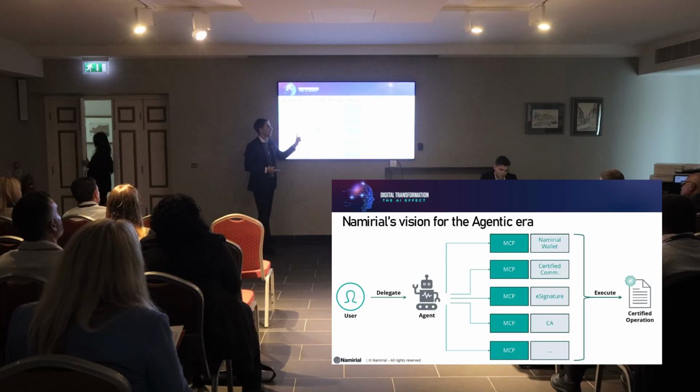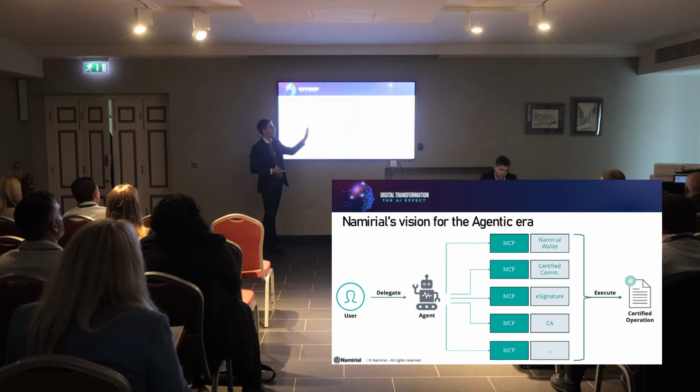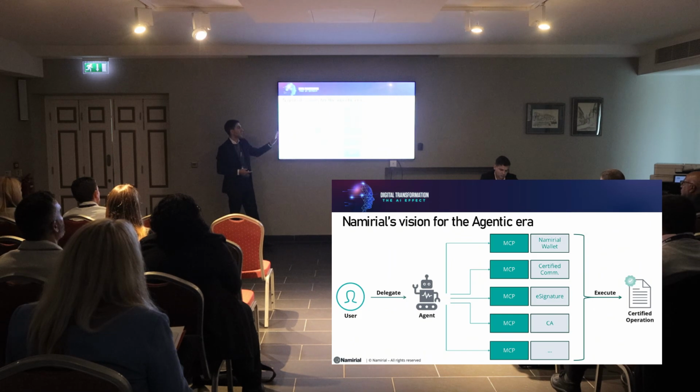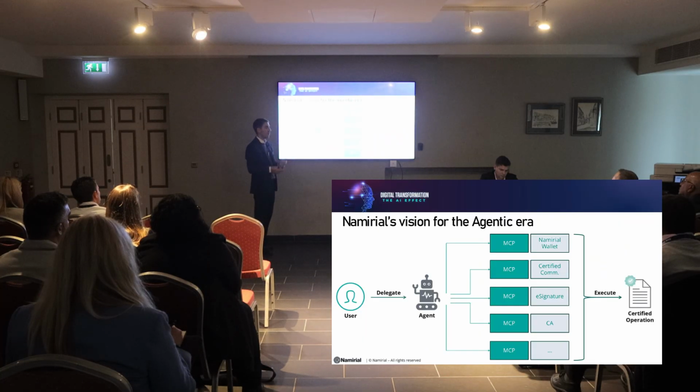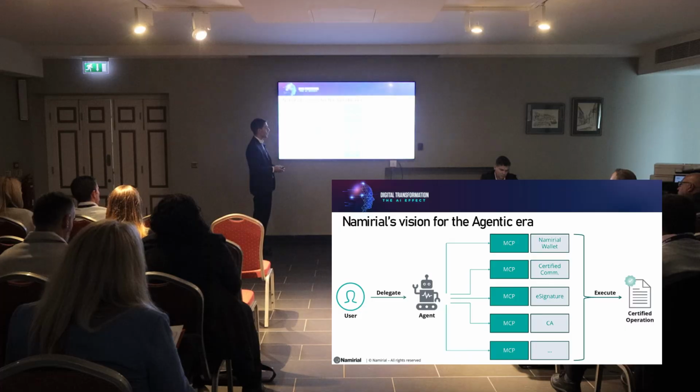Because what a trust service provider does is basically providing trust in the process, making everything accountable. So allocating responsibilities, being sure of all the process, of all the steps, who has done what, for what reason, with which permissions.